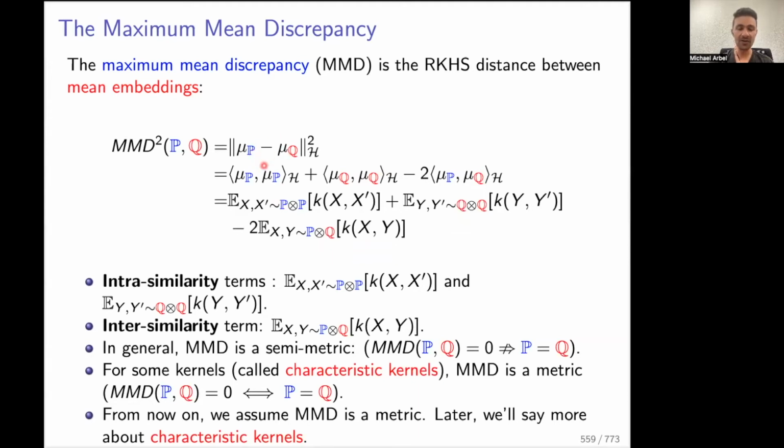So from now on, we'll assume that the MMD is a metric, meaning that we already made a good choice for the kernel so that it is a characteristic kernel, and then it retains all information about the distributions. But we'll say more about these characteristic kernels in a different video, especially under what conditions we can say whether a kernel is characteristic or not. For now, we just assume that the MMD separates distributions.